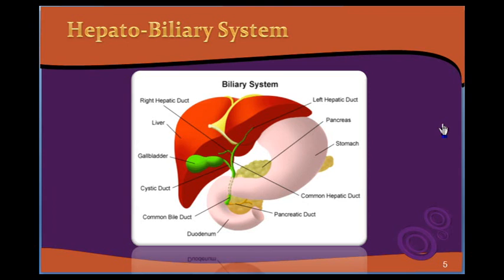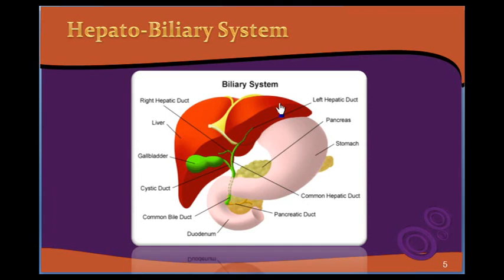Remember, our liver has 400 different functions related to protein production, coagulation factor production, metabolism of drugs, filtration of toxins, elimination of waste materials, and then secretion of bile salts for the intestinal absorption of fat and secretion of bile. These are all the various functional aspects of the liver.